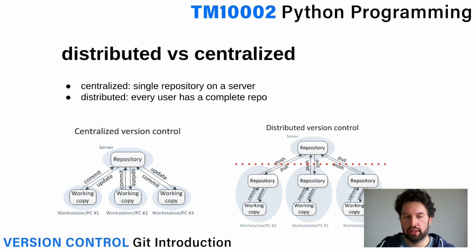The red dotted line gives the division between what is remote and what is local. On the top you have a remote server, and in our case that's something called GitHub. I will demo that later. And you push and pull back and forth to GitHub from your own laptop. And all of you are going to do that in the assignments later on.